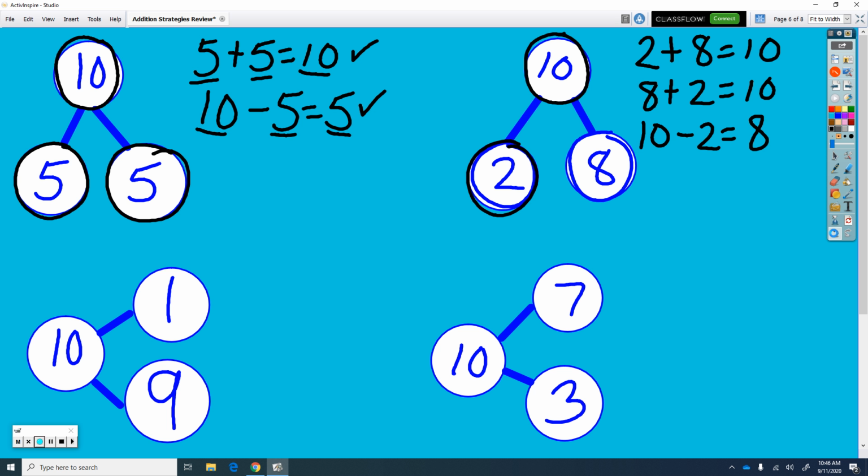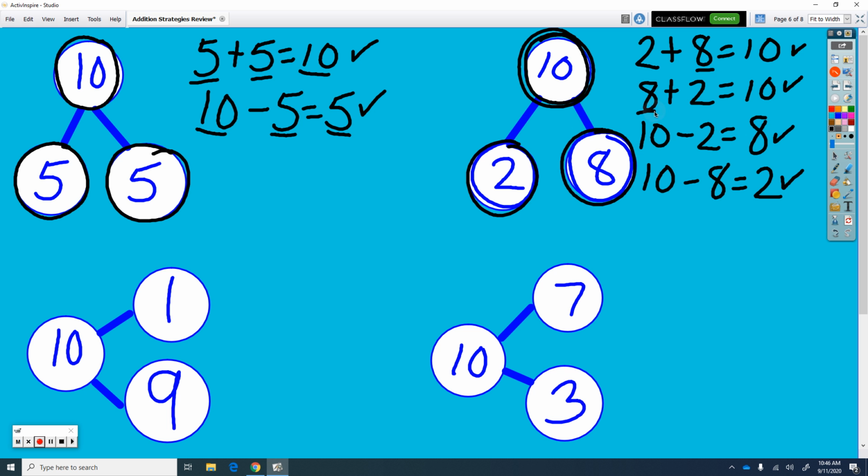And it's also showing that if you have 10 and you take away the 8, then you're going to have 2. You're right. And all of these facts are related because they all have the same numbers in them. They all have an 8, a 2, and a 10. So number bonds can show you addition and subtraction, and that they're all related.